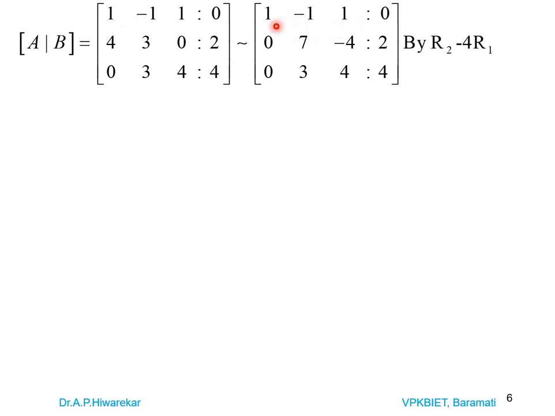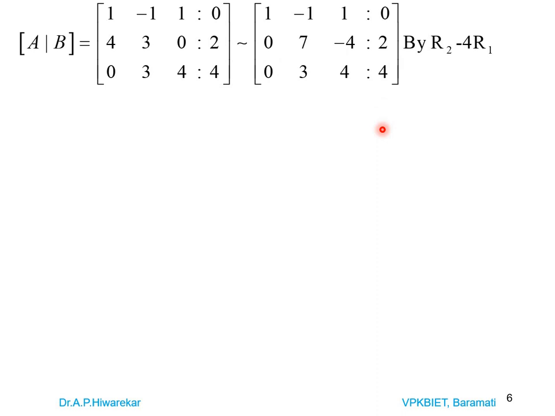R1 remains as it is: 1, minus 1, 1, 0. R3 also as it is: 0, 3, 4, 4. Then R2 minus 4R1: 4 minus 4 is 0, then 3 minus of minus 4, which is 3 plus 4, is 7. Then 0 minus 4 means minus 4, and 2 minus 0 is 2.